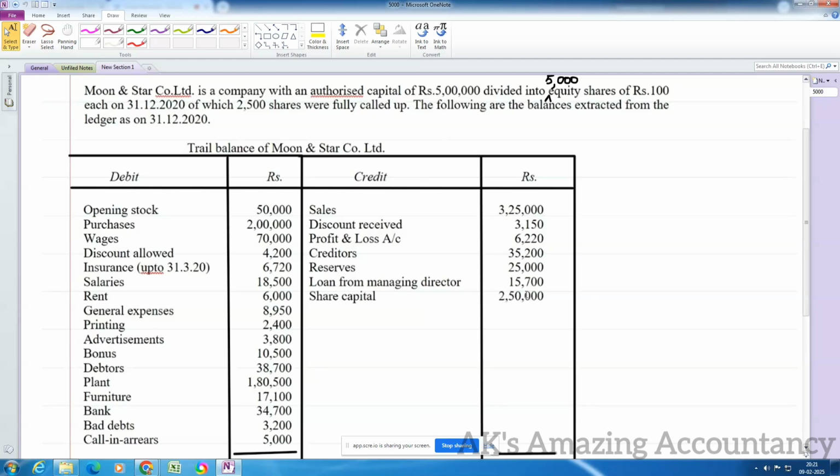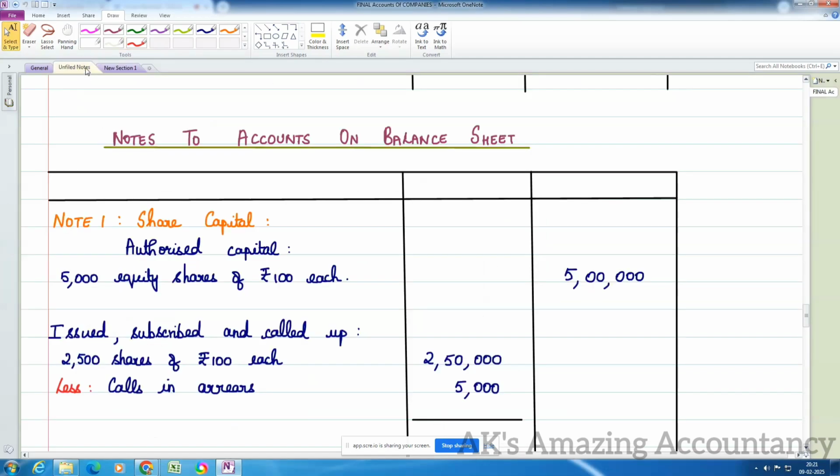But what we need actually is only this share capital, that is this amount of 2,50,000, which we will be recording now. So we have entered 2,50,000. Okay, and whenever we have calls in arrears in the problem, calls in arrears will have to be deducted.